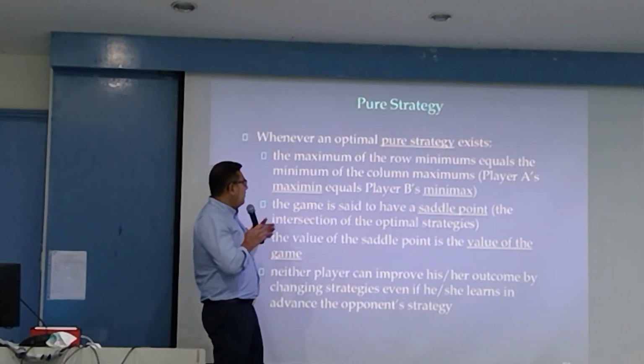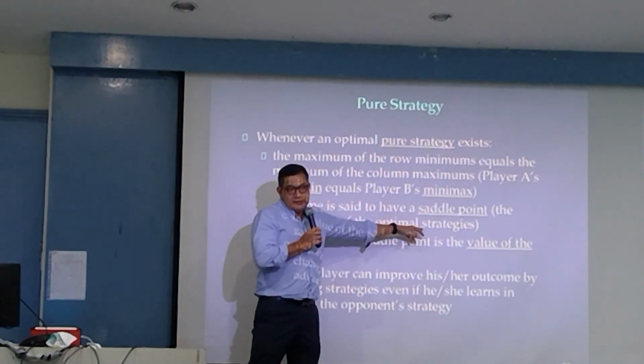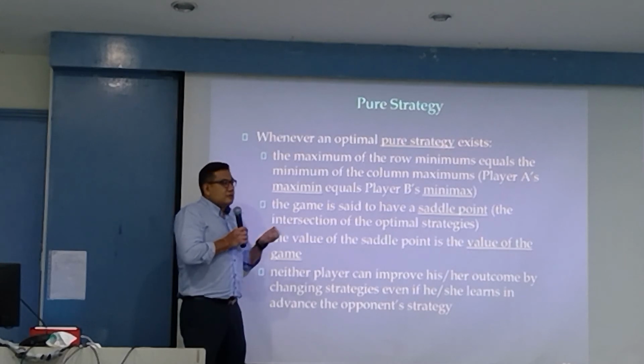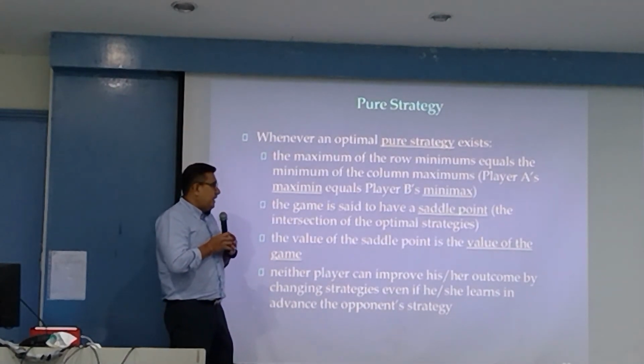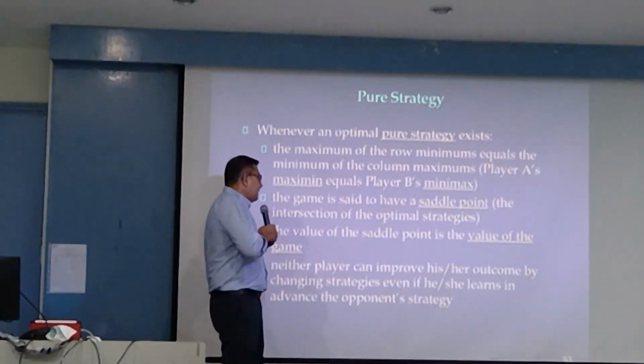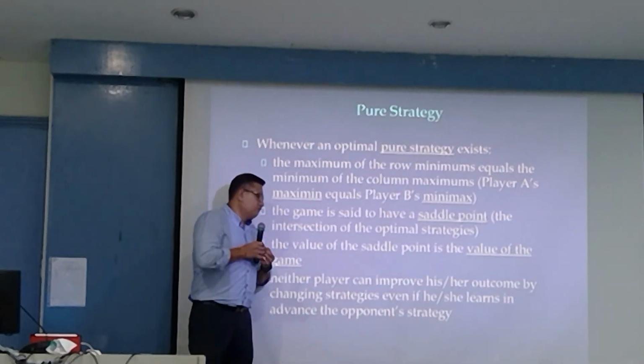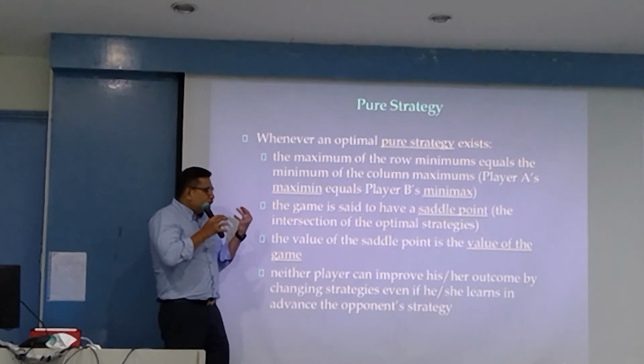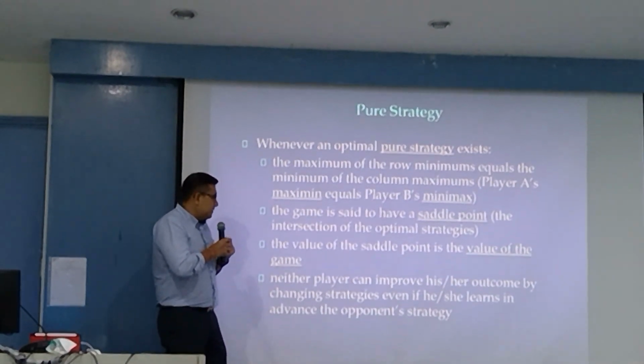In this case, we call it a saddle point. A saddle point means that this strategy is optimal, so they cannot expect to improve the outcome more than this. This is the optimum that they can get from this strategy.